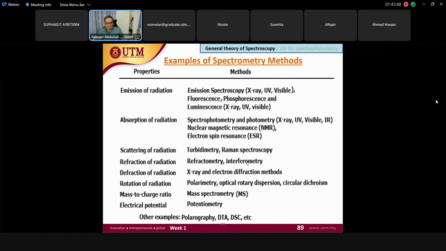These are the methods involved with the properties of radiation, emission or absorption. In emission and absorption, mostly we will learn in this topic.